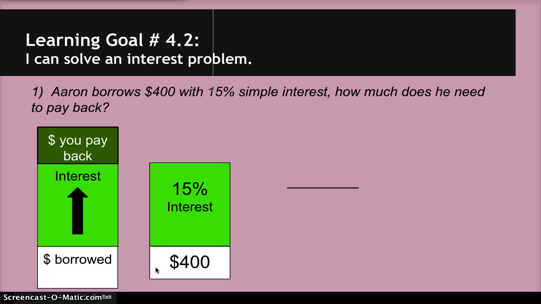There's a 15% interest, and what we'll need to do is figure out what is 15% of 400. So in step 1, we multiply. Go ahead and pause and multiply these 2 numbers.